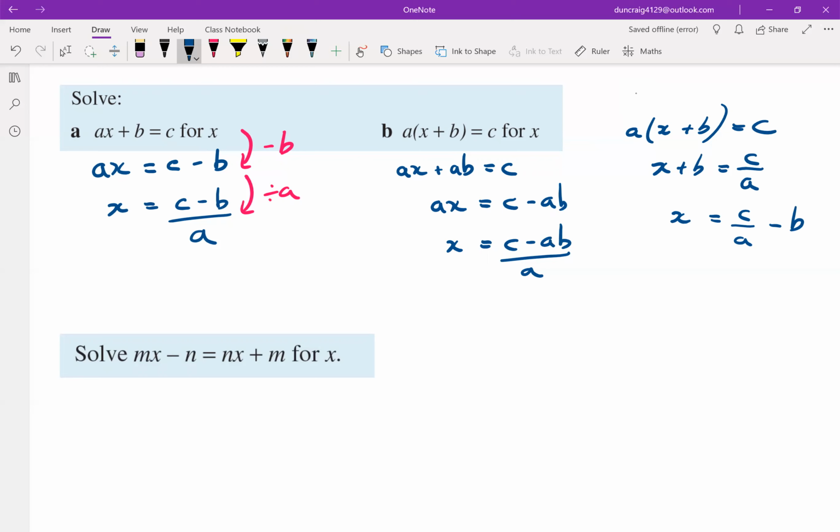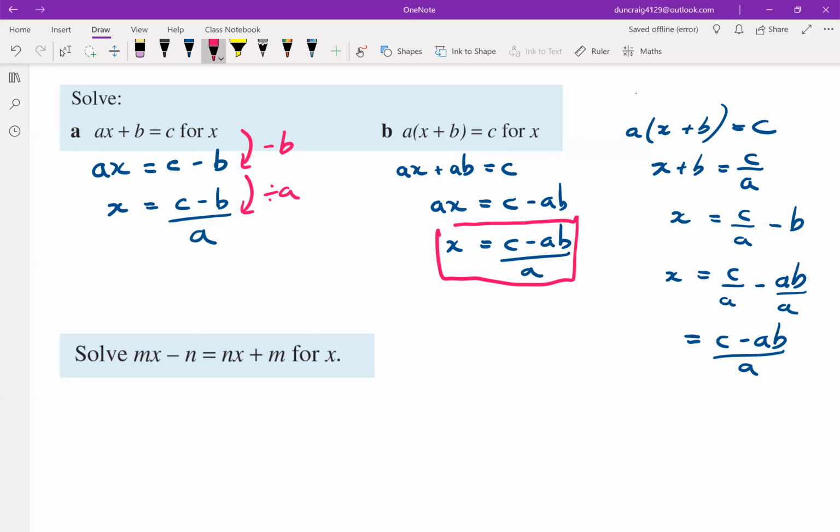However, if I was to make this one a single fraction, I would have to multiply this b by a over a. So essentially, I'm going to have c over a take ab over a. And then that can just simplify down to c take ab over a, which works out to be the same as the previous one. So both answers are correct here. They both look different, but they both represent the same thing. So it doesn't matter which way you do it.